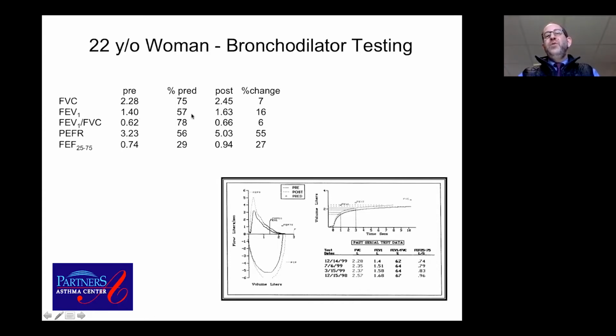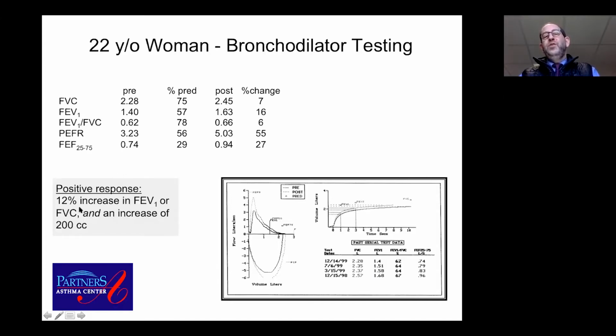When she gets albuterol, this is the value of her spirometry after albuterol, you can see it's increased by 16%. We look for a positive response of a 12% increase in the FEV1 or FVC, and at least a 200 cc increase. This is in liters, so it went from 1.4 to 1.63. So that's called a positive response.